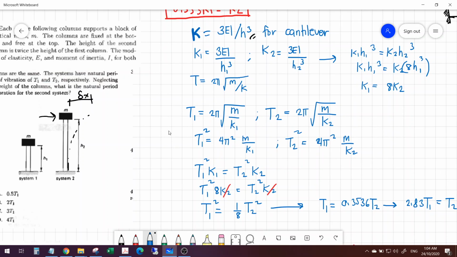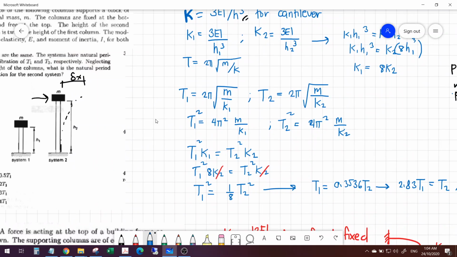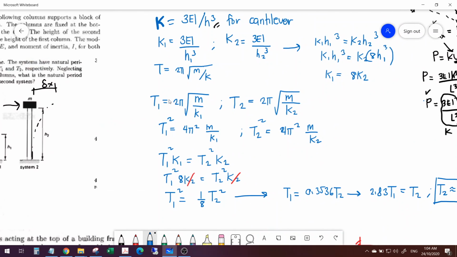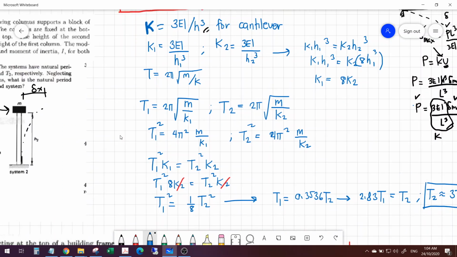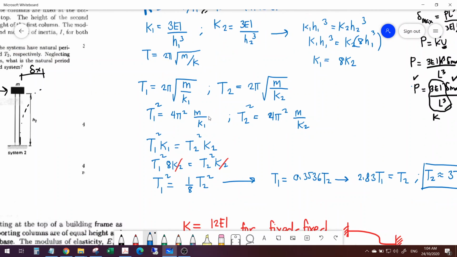Okay, so we have now the relationship of K1 and K2. Okay. So let's lay down yung formula ng period, 2 pi square root of m over K. Then it's like what we did earlier, square natin both equation para mawala yung square root sign ng m and k.